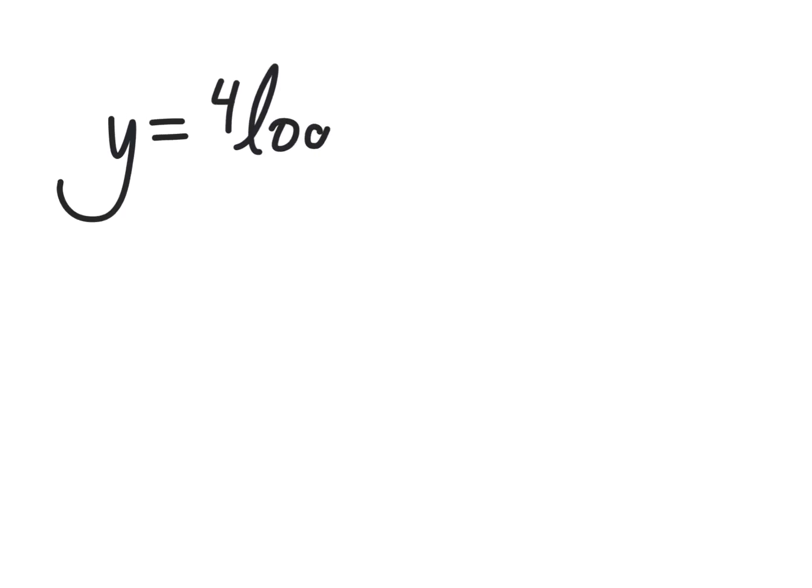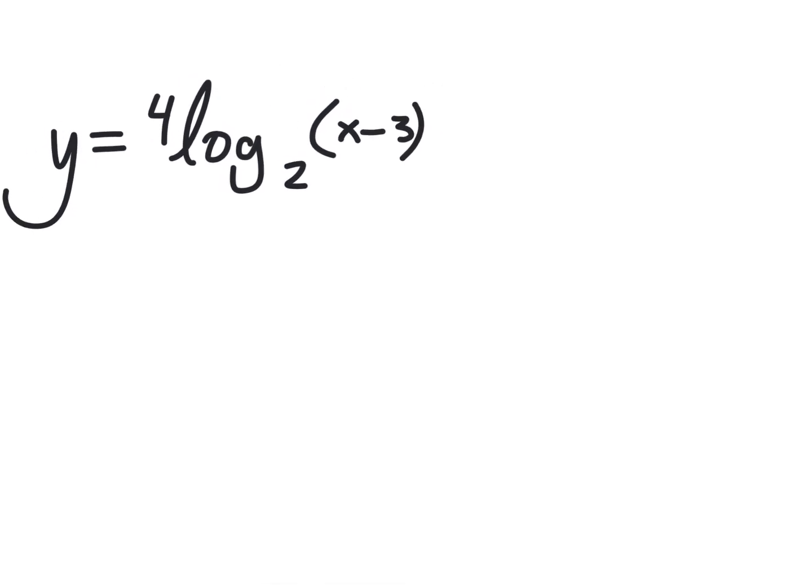Log base 2 of x minus 3. Find the asymptote and 3 points. And this time, just to save time, don't even graph it. Just find me an asymptote, 3 points.